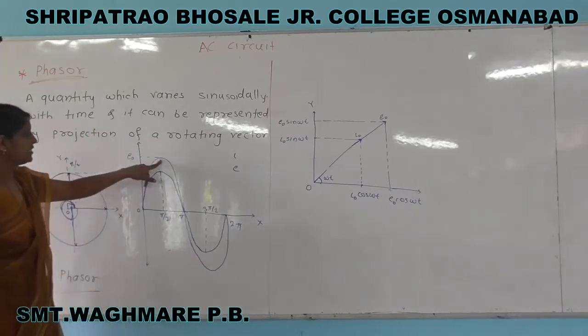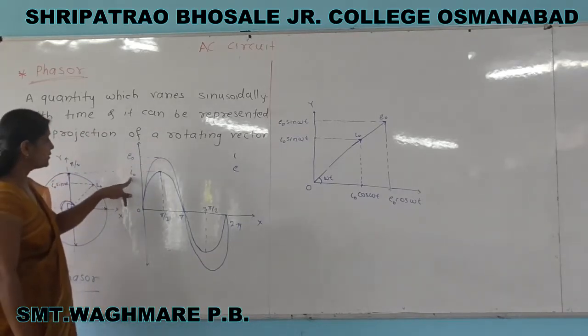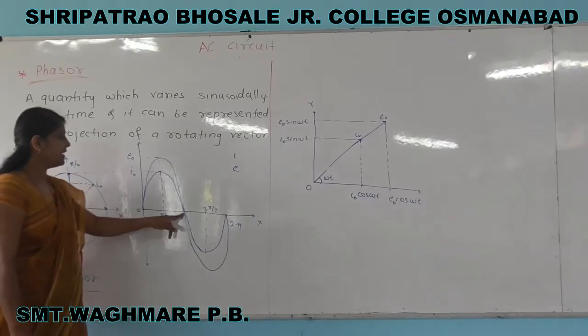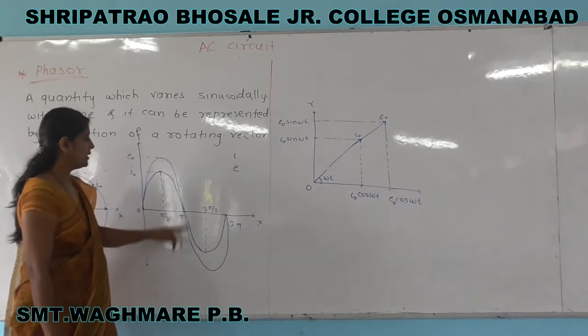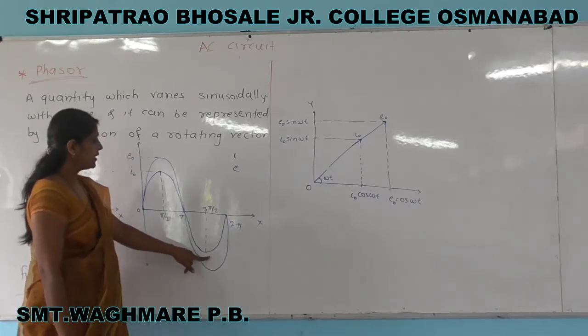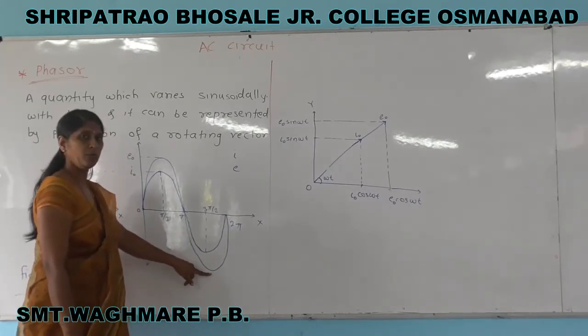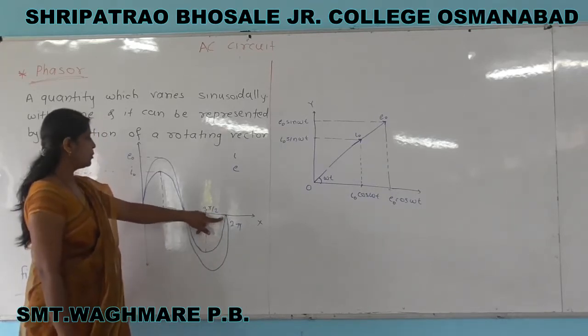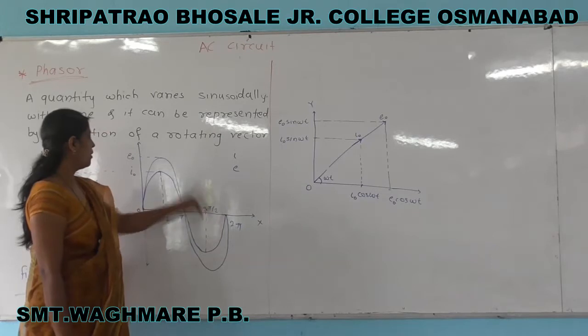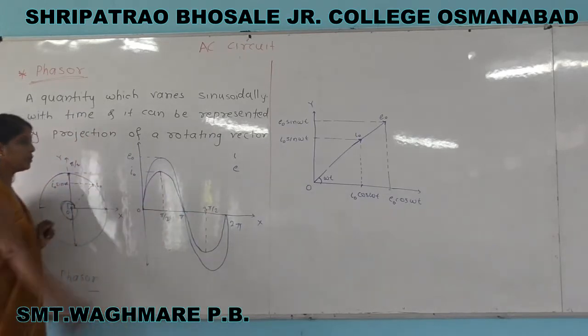As EMF is maximum, the current is also maximum. As EMF is 0, the current is also 0. Then again, when the EMF is negative, the current is also negative. Here at this position, the EMF is 0, and the current is also 0.